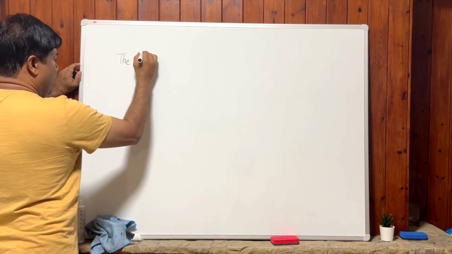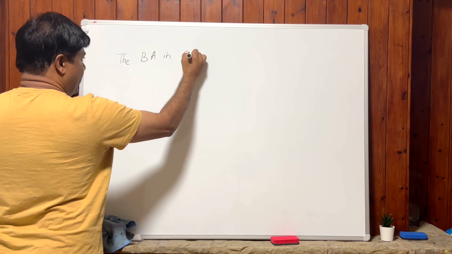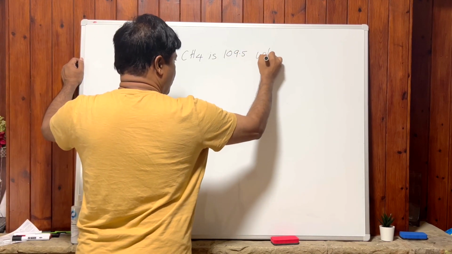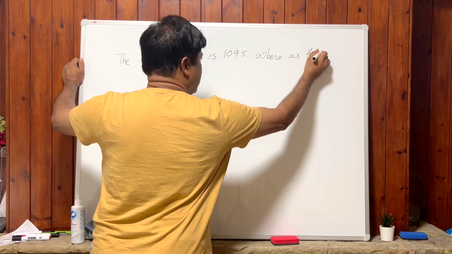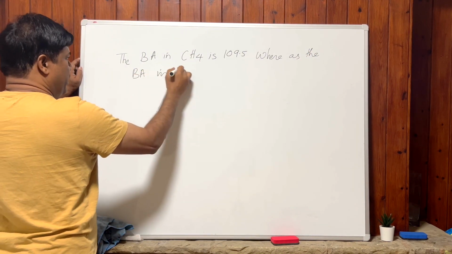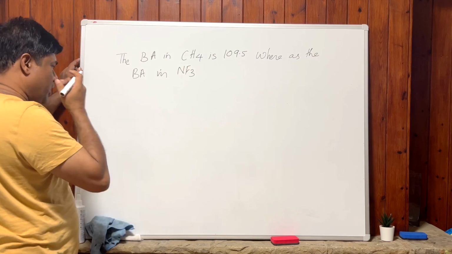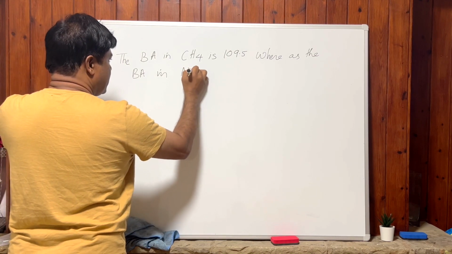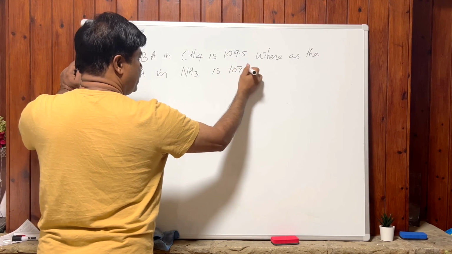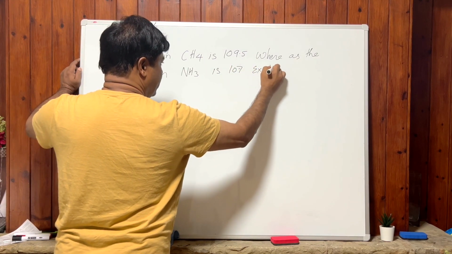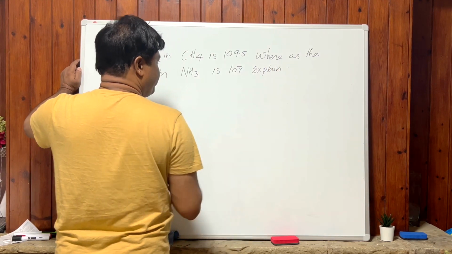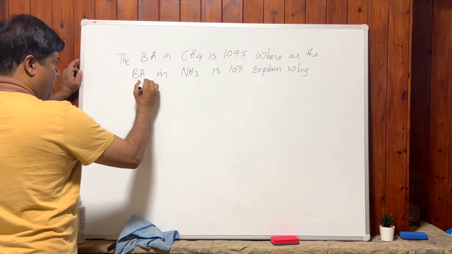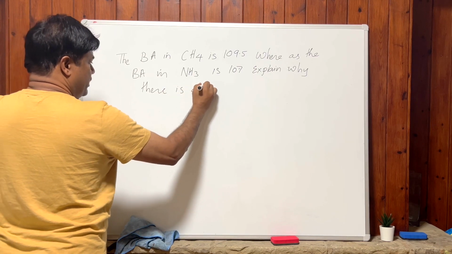The bond angle in methane is 109.5, whereas the bond angle in ammonia, or NF3, or anything, let's take ammonia, is 107. Why? Explain why there is a difference.